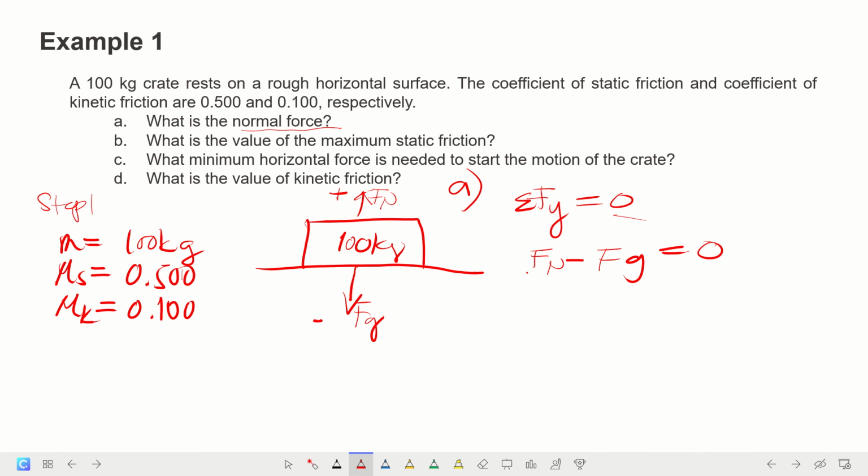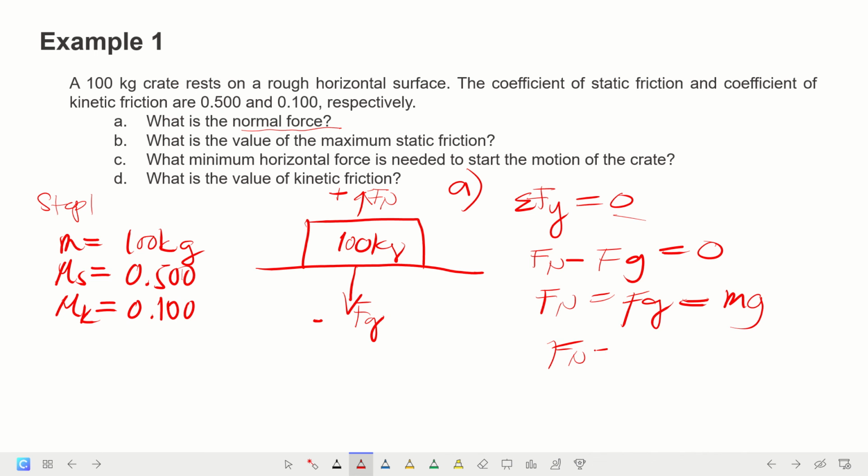Ano yung value ngayon ni Fn? To look for Fn, we need to look for Fg because we know that normal force is equal to force due to gravity. And force due to gravity is equal to mass times the acceleration due to gravity.